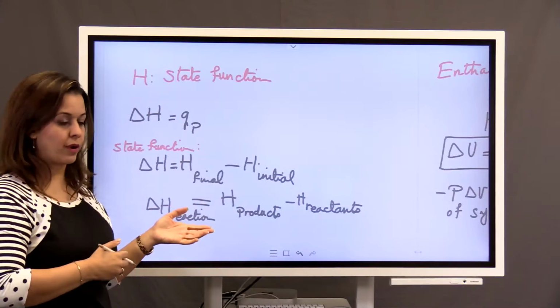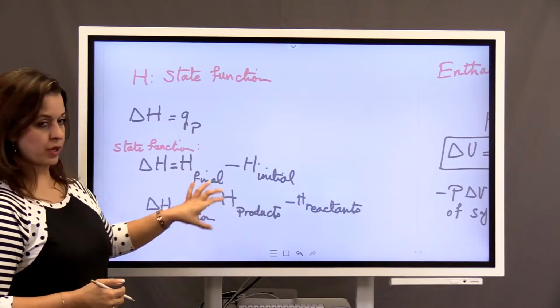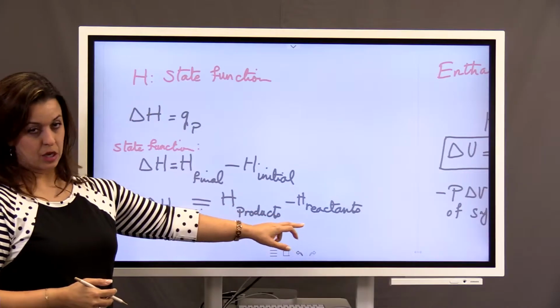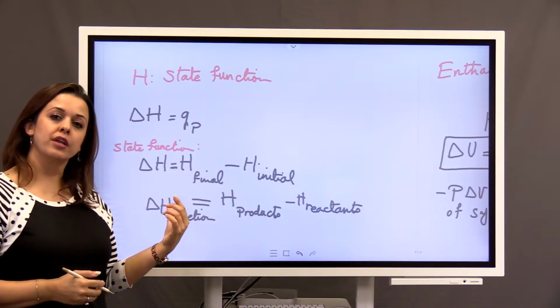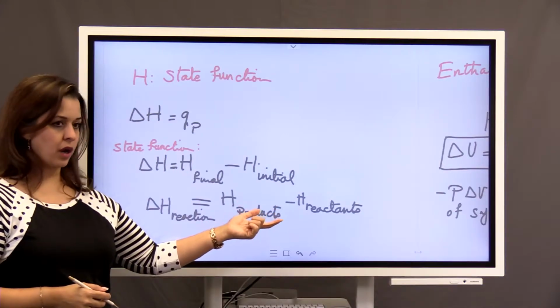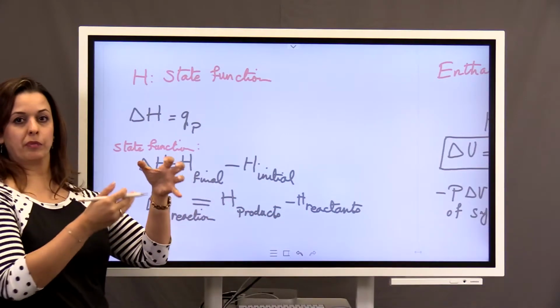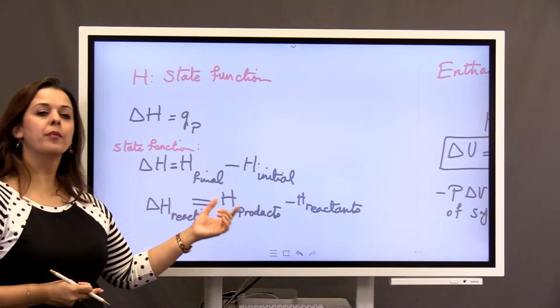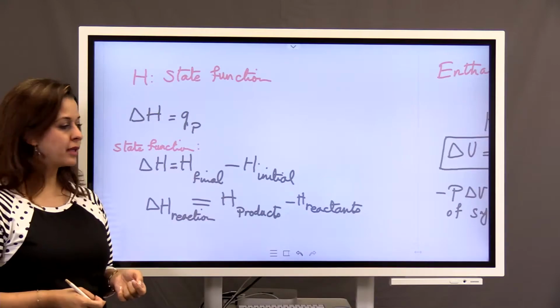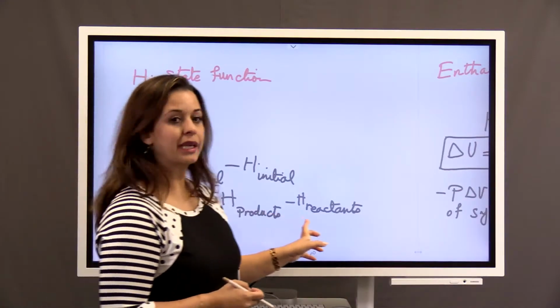Products are produced from reactants. So that's the final position of the reaction. And initial is the reactants. So delta H for a reaction is enthalpy of products minus enthalpy of reactants. We don't care what happened in between. We just need the products and reactants. Keep it in mind because you will need it later.